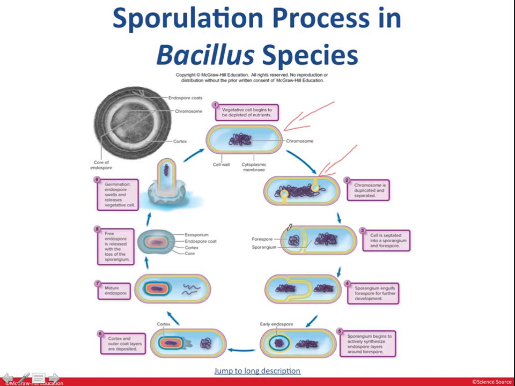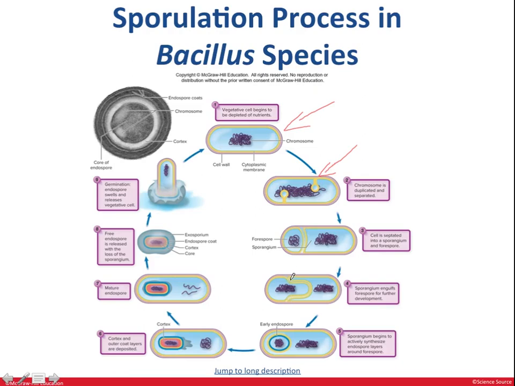So one part is called the spore, and the other is called the sporangium. However, this plate is not used to separate the cell into 2 cells. It's not like binary fission, so it's not easy to separate the cell into 2 parts.